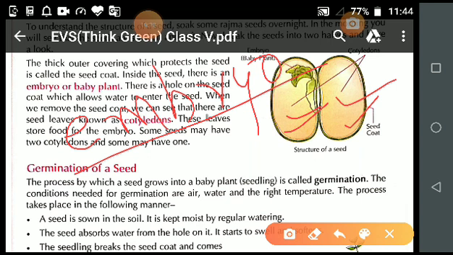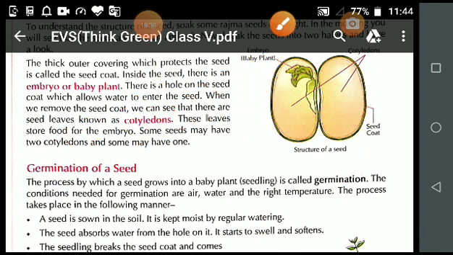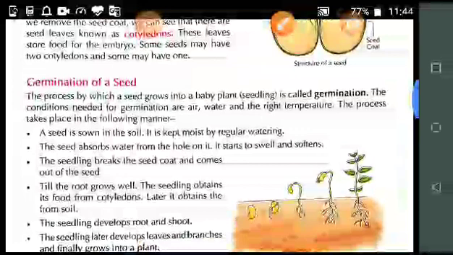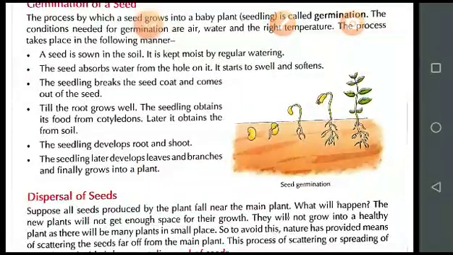Now, student, what happens? The seed absorbs water from the soil and provides moisture to the embryo. Is it clear? Now see, I will explain with the help of a picture. See, this is the picture, seed germination. This is a complete picture, 1, 2, 3, 4, 5 pictures.